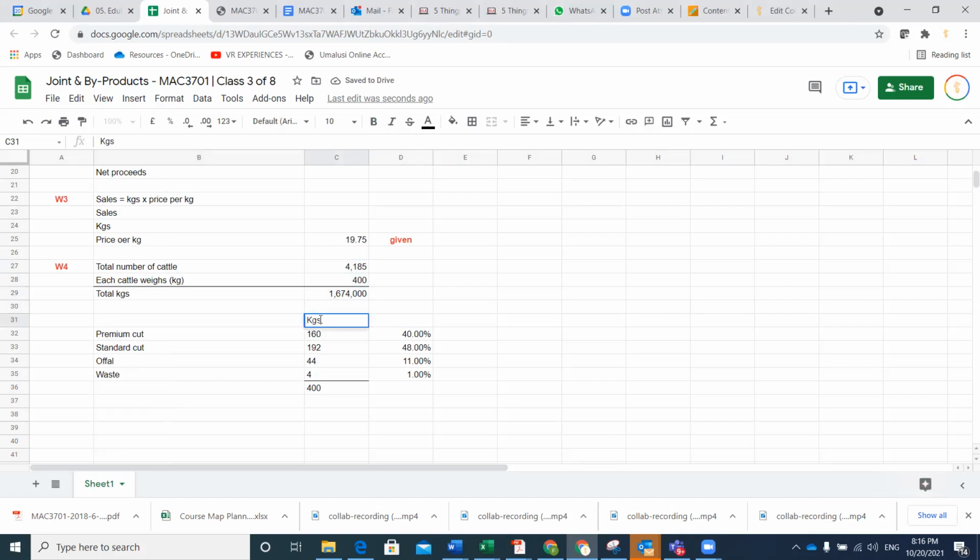This is kgs per cattle. This is percentage. Okay, now we can get total kgs. So all we can do, we will say 40% times total kgs. And then I can just drag this down. If I add up everything, it should add up.